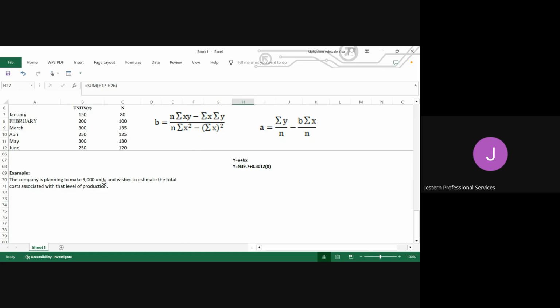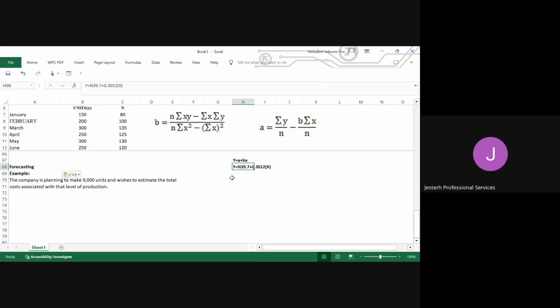Maybe they just give us some breakdown to solve maybe two or three questions. Now, let's look at this example. The company is planning to make 9,000 units and wishes to estimate the total costs associated with that level of activities. Now, remember that we have come up with these cost functions.